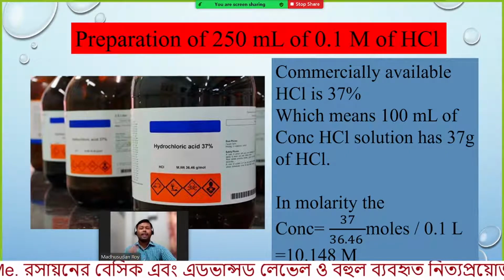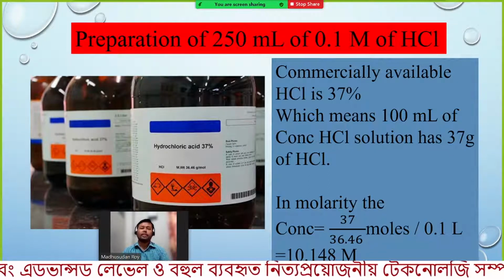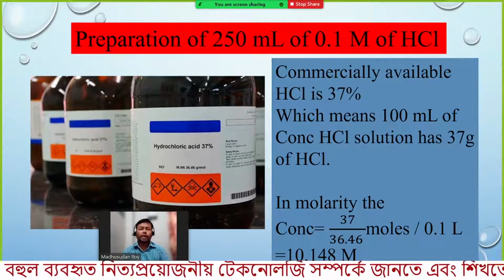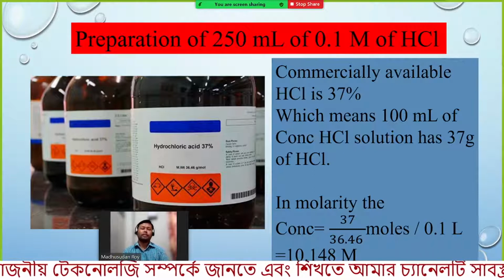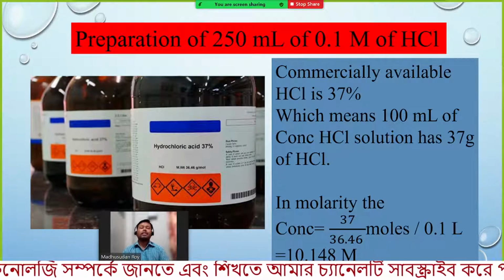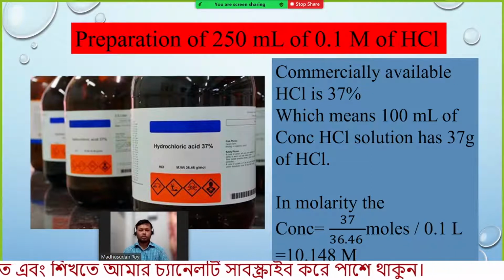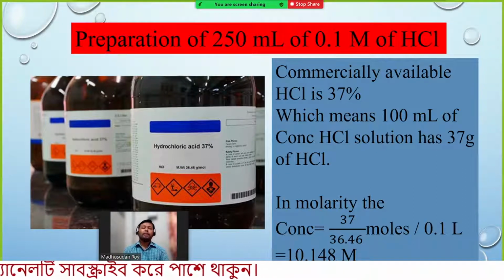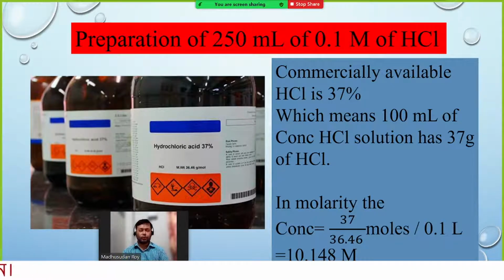If you have any chemicals, for example sulfuric acid, you may have fuming sulfuric acid or concentrated sulfuric acid. The concentrated sulfuric acid normally has 98% concentration. What does it mean? 98% means only 2 milliliter of water is contained in the sulfuric acid.